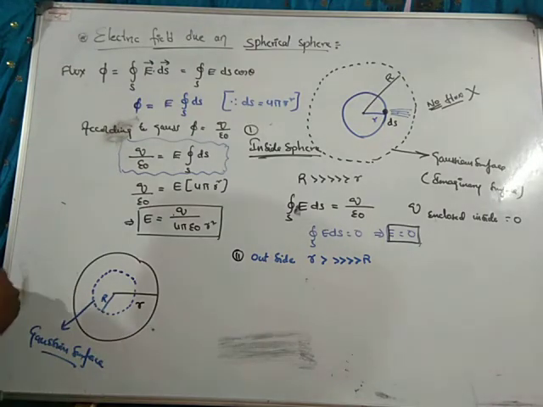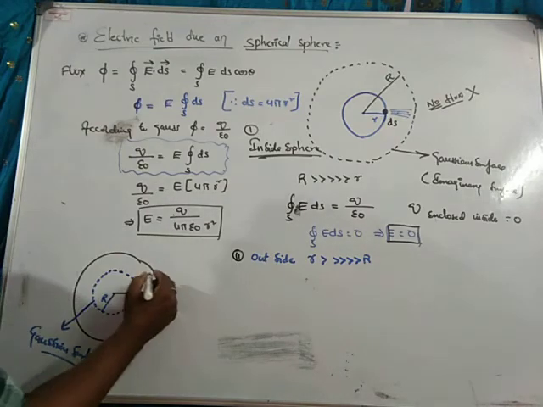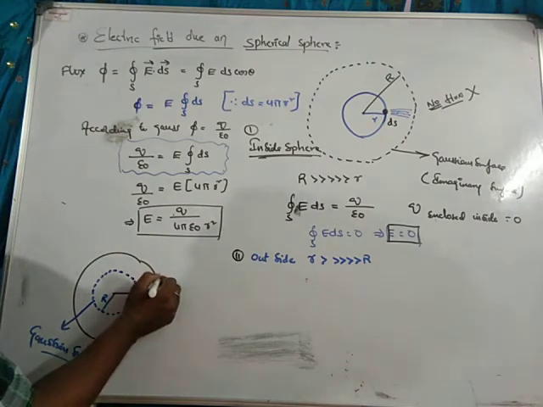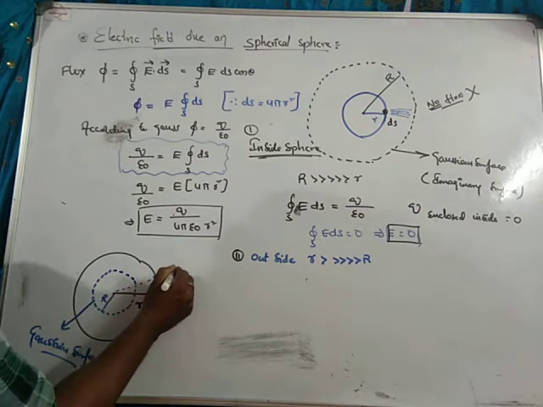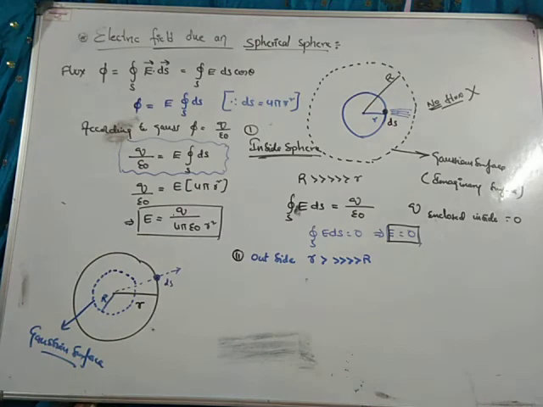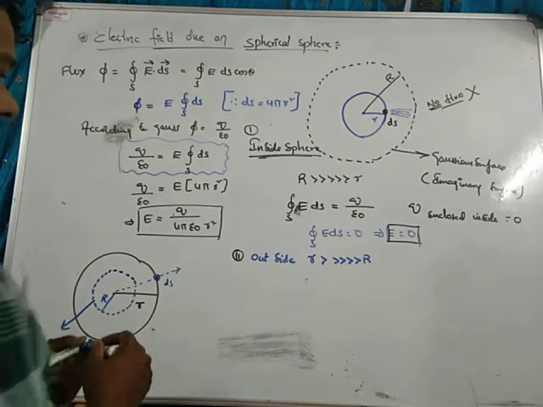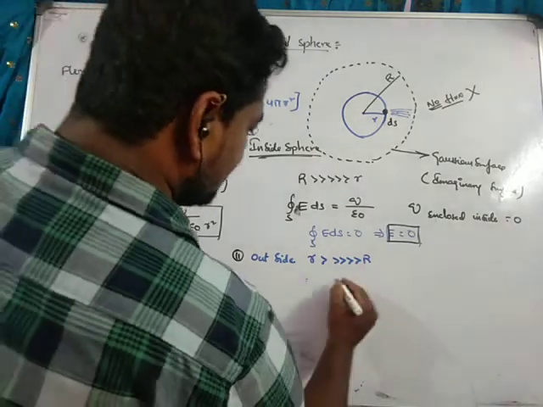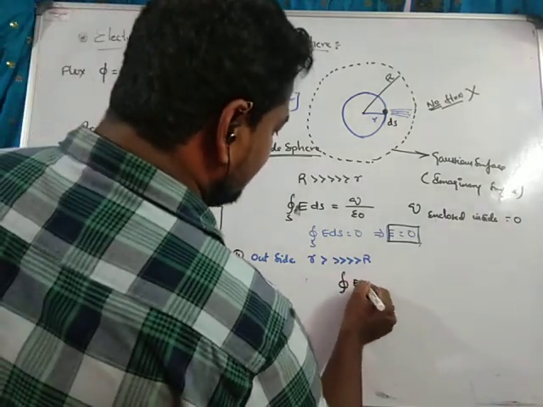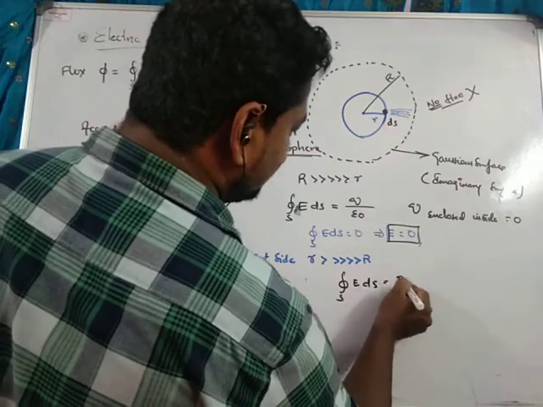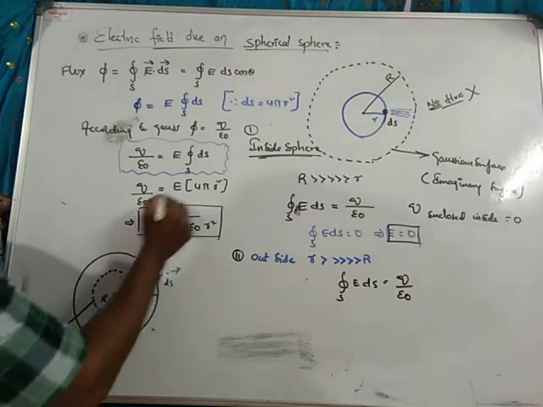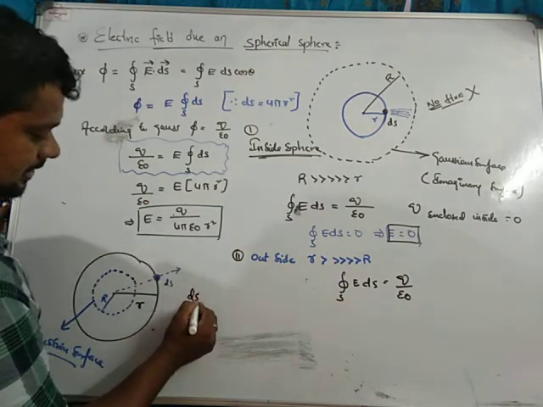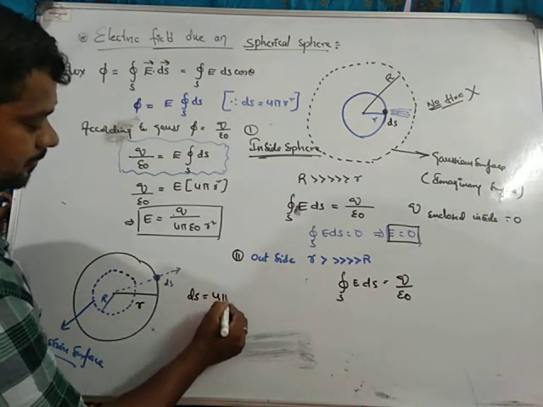Whenever we consider a small ds, whatever the field lines, they pass through this point, so it is not enclosed. We consider the overall surface. For this, the expression is the surface integral of E ds is equal to q by epsilon naught. The integration of ds is equal to 4 pi r square.